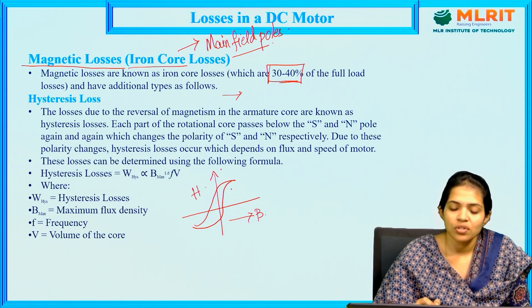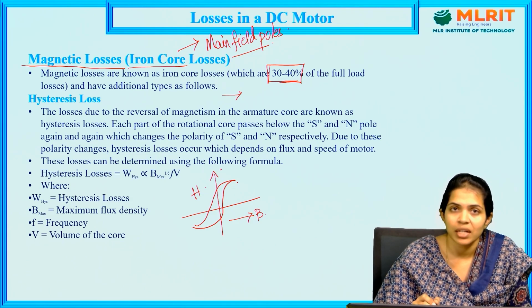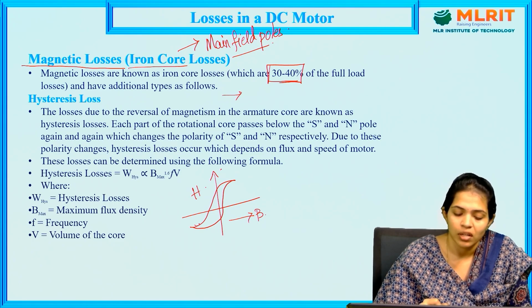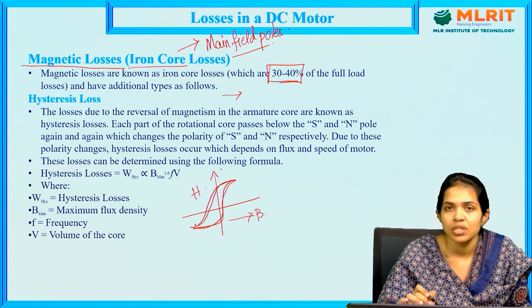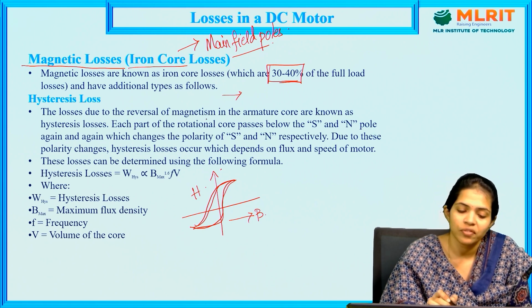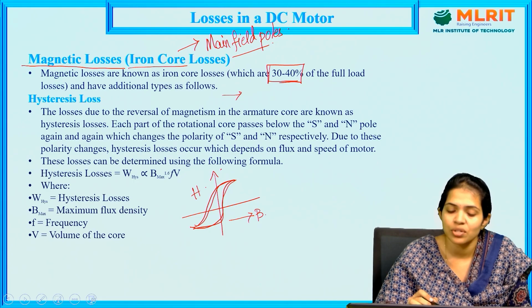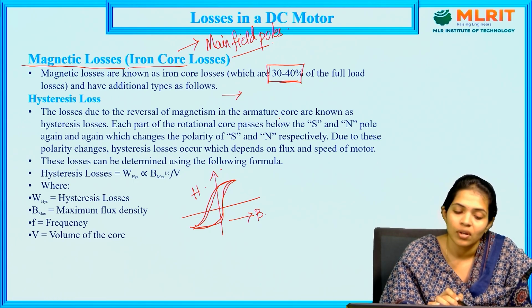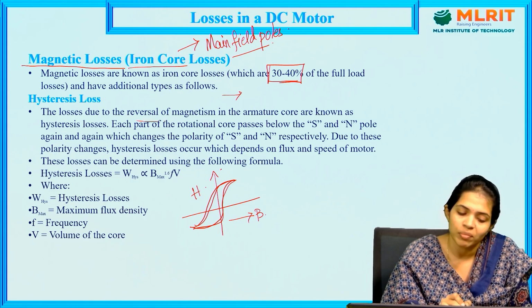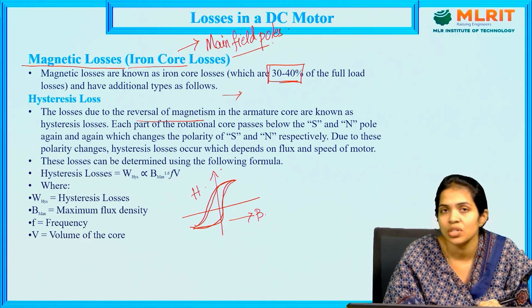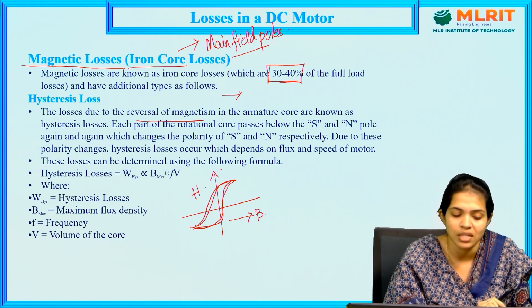The process of magnetization and demagnetization of the core will occur in a DC machine, and some amount of energy will be lost in the process of magnetization and demagnetization of the armature core. The energy lost in this reversal of magnetism, the process of magnetization and demagnetization, is called hysteresis loss.